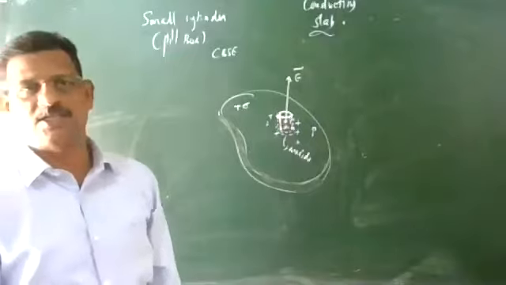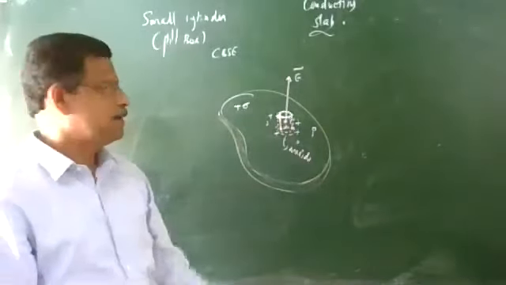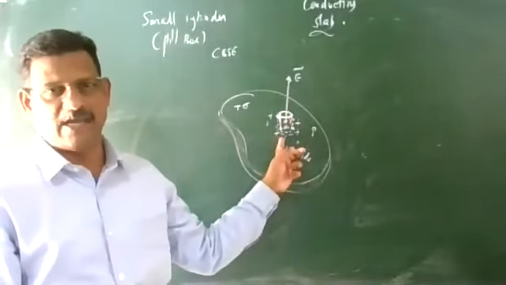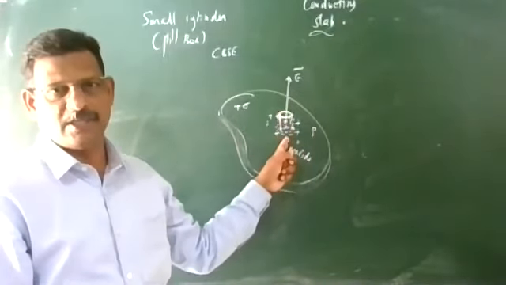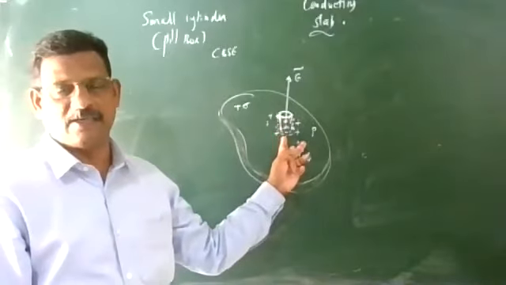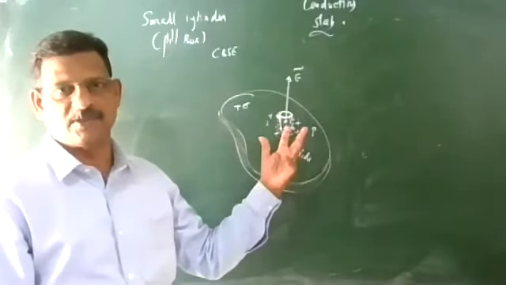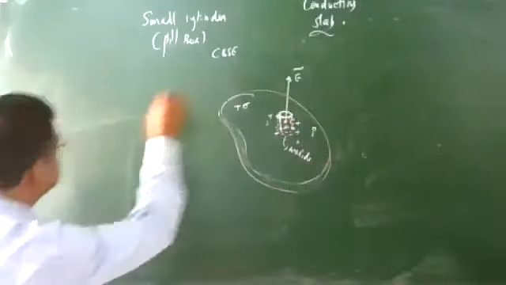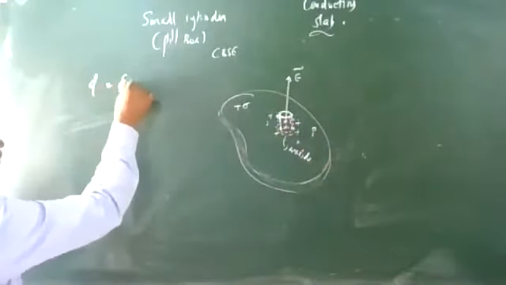So total flux is calculated over three surfaces: top surface, curved surface, and inside end face. One end face, the lower one, is inside the conductor, and another is the curved surface. Flux is calculated by the integral of E dot ds.